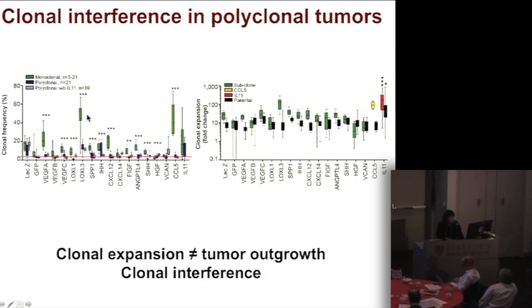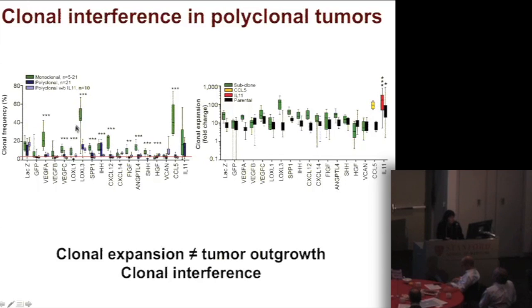Because LOXL3, for example, was a very good clonal competitor, but those tumors remained the same size as the parental tumors. And CCL5 was both a good clonal competitor and also driving the growth, likely because it enhances its own proliferation in the tumors.